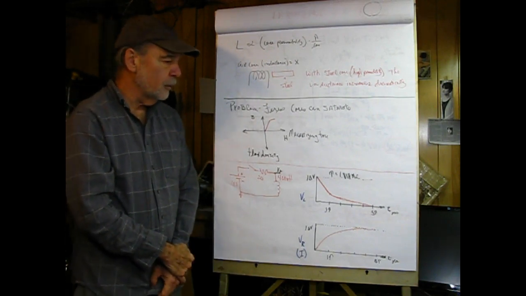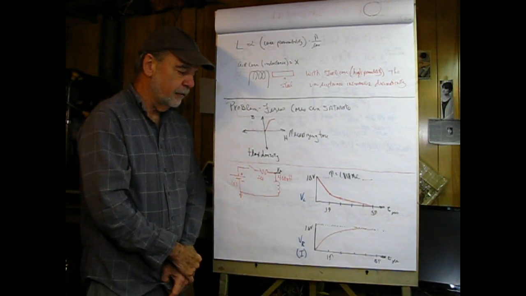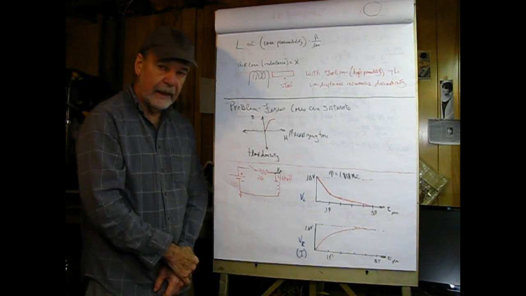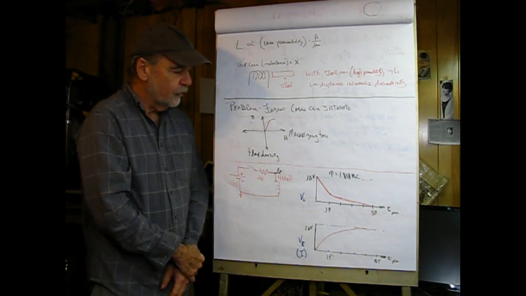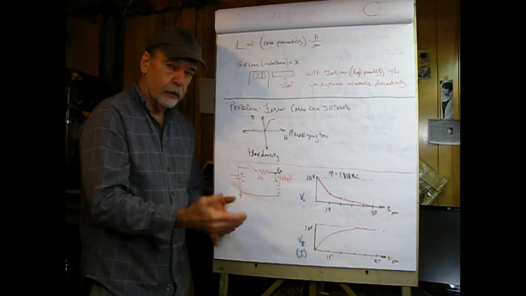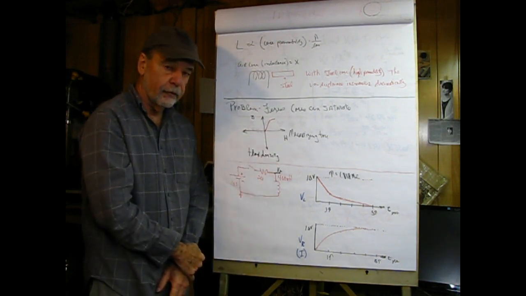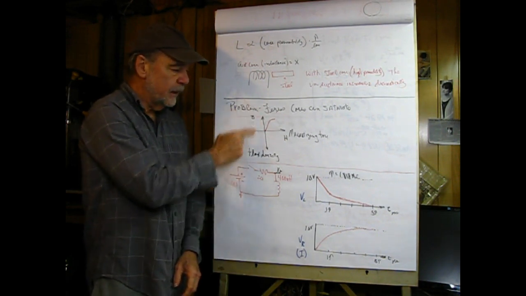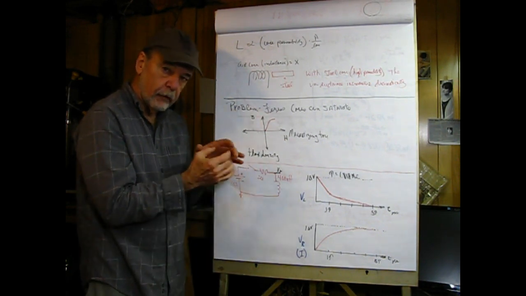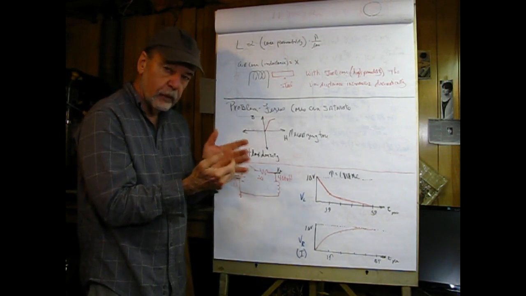So ferrous cores may seem like a really good thing, except they have some bad attributes to them. If we just take a look at kind of like a voltage and current plot, here we have the H, which is called the magnetizing force, and here we have B, which is called the flux density, or flux per unit square centimeter.